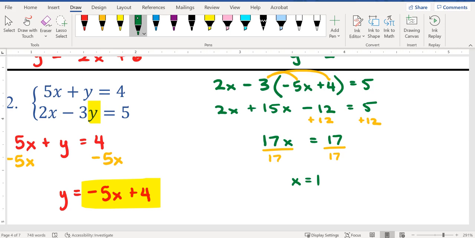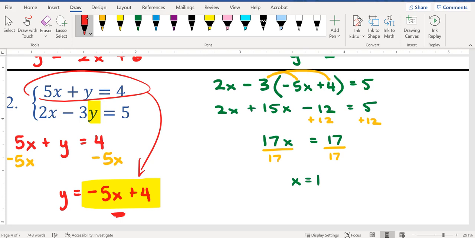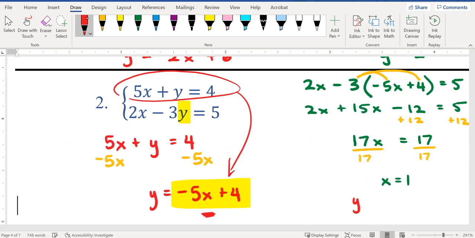Okay, again, we're only halfway finished. I can plug that 1 for x back into either equation. And you'll remember that this equation is the same as that. So I'm going to plug that x equals 1 right here. I get y equals negative 5 times 1. Oops, I don't want to do that in red.